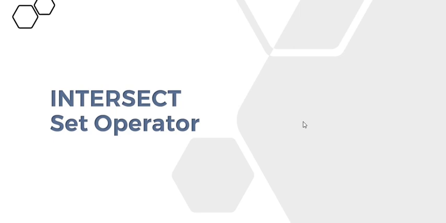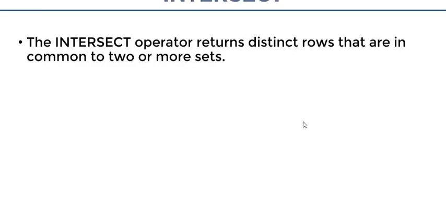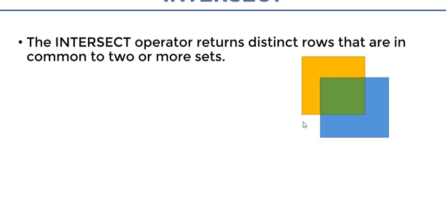Intersect set operator. The intersect operator returns distinct rows that are in common to two or more sets, right?